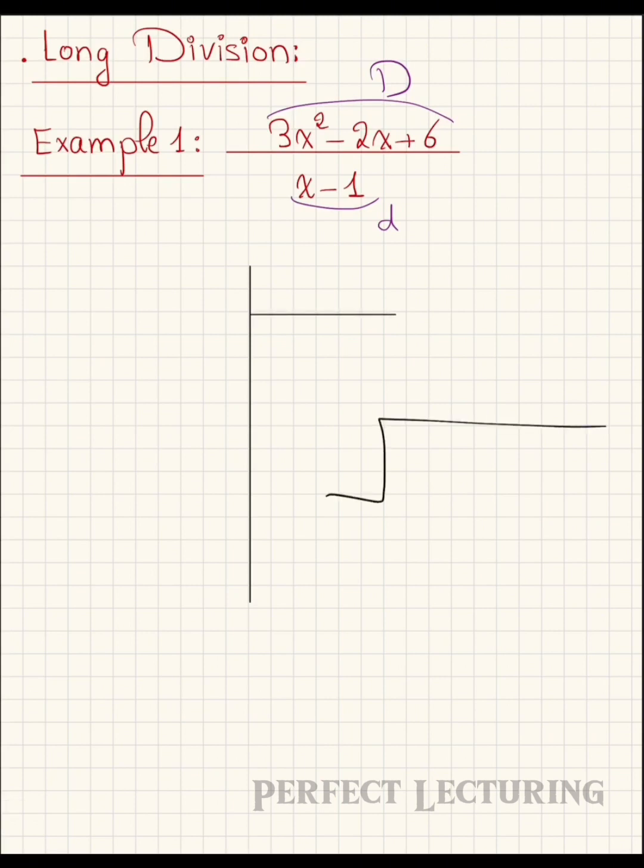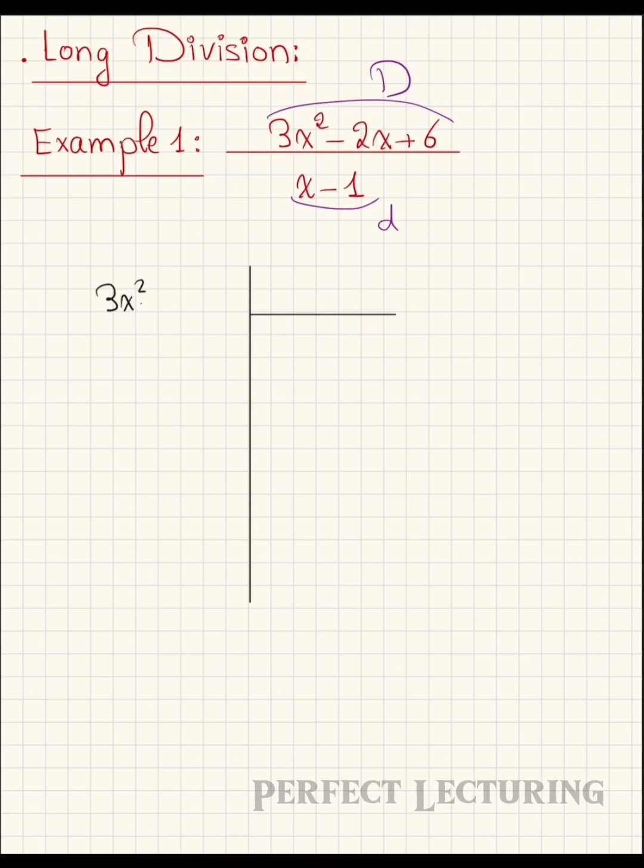So instead of using this format, they use that format. If you're using this, then all the expressions are changed in places. So the dividend will be here, the divisor will be here, the quotient will be here, and finally the remainder will be here. But everything else will be the same, as I will show you now.